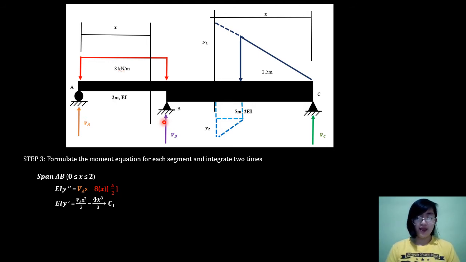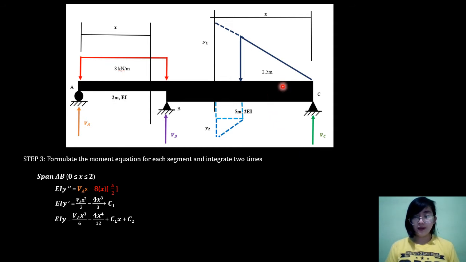VAx becomes VAx squared over 2, and negative 8x times x over 2 becomes 4x cubed over 3 plus C1. Don't forget plus C1 pag nag-integrate. So, we will integrate the moment equation 2 times. We will get EIy equals VAx cubed over 6 minus 4x raised to 4 over 12 plus C1x plus C2.